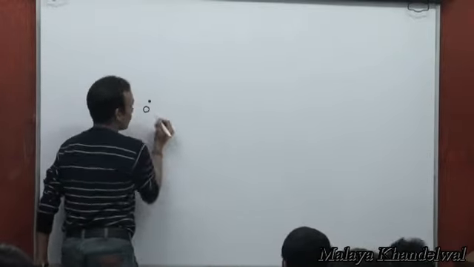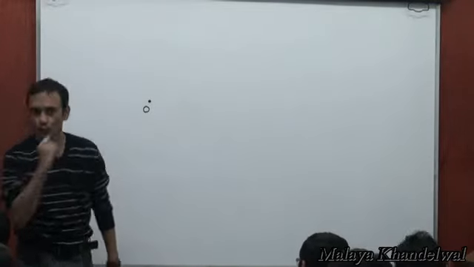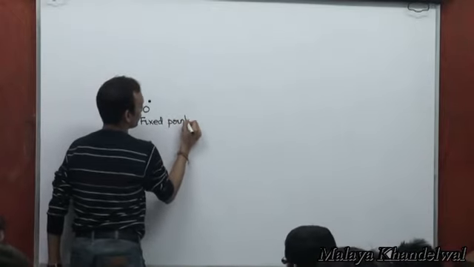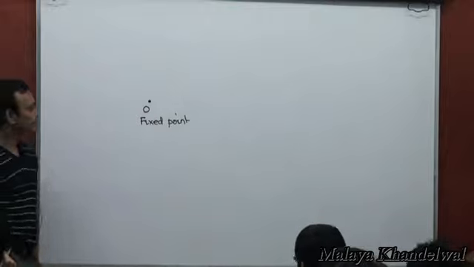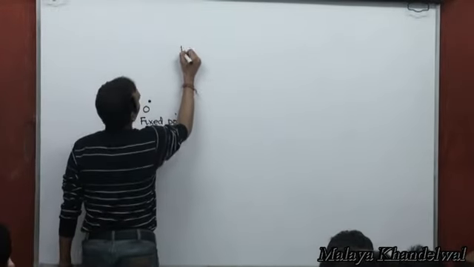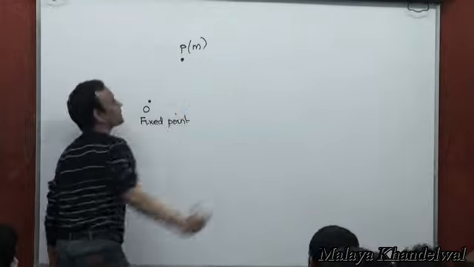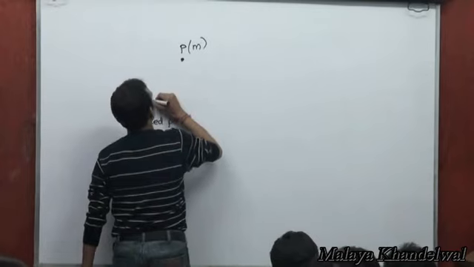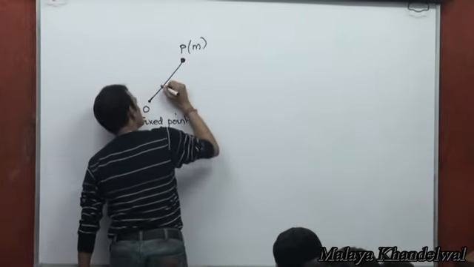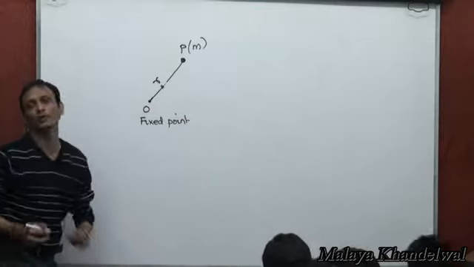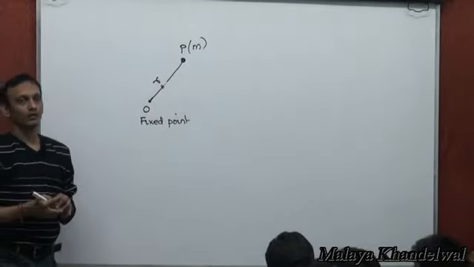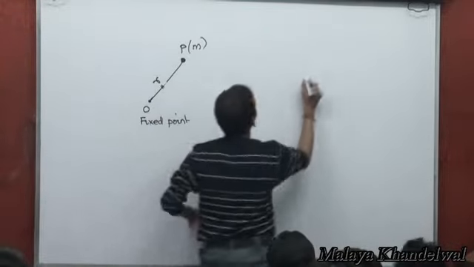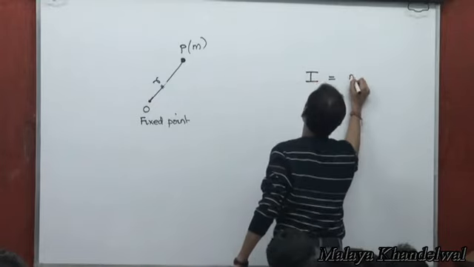If there is a certain fixed point O, and there is a particle P whose mass is m, and whose distance from O is r, then the moment of inertia of this mass about O is mr squared, right?